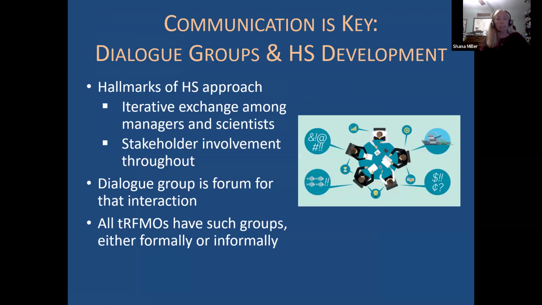Like I said, dialogue groups are an important part of this process. Stakeholder engagement being a hallmark of the harvest strategy approach. Communication is really key. And so to have a dedicated forum for that interaction is important.